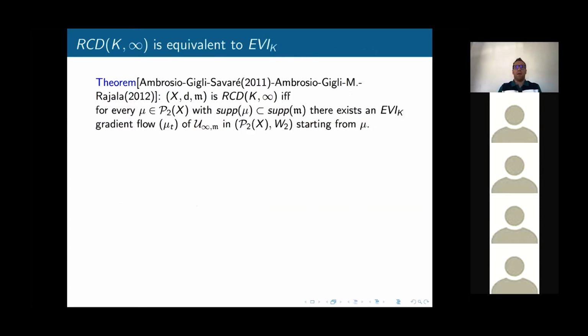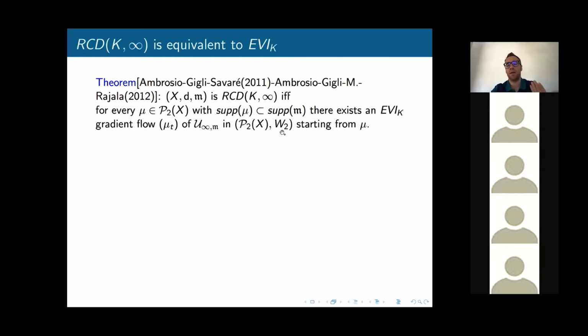Okay. And now, how is it related to the RCD K-infinity condition? Well, one can prove that a metric measure space (X,d,m) is RCD K-infinity if and only if for every probability measure mu with finite second moment, with support contained in the support of the measure m, there exists an EVIK flow of the relative entropy functional starting from mu and evolving in W2.